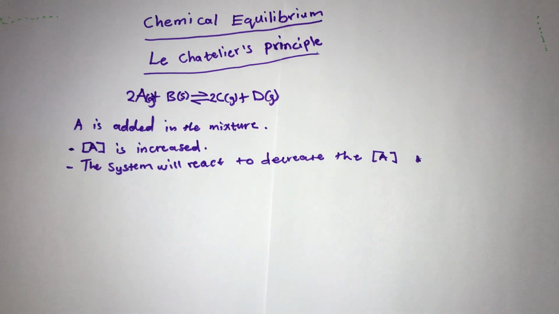Since we're adding A, the system must oppose that disturbance. So the system will oppose by decreasing the concentration of A.